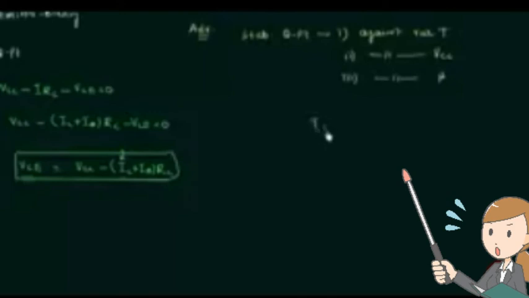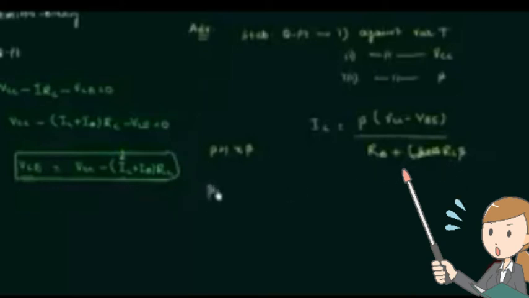You can easily prove the current IC is independent of beta. It is equal to beta times (VCC minus VBE) divided by RB plus, inside the bracket, (beta plus 1) RC. Beta plus 1 is nearly equal to beta, so we have beta here, and if beta times RC is greater than RB, we can neglect RB.